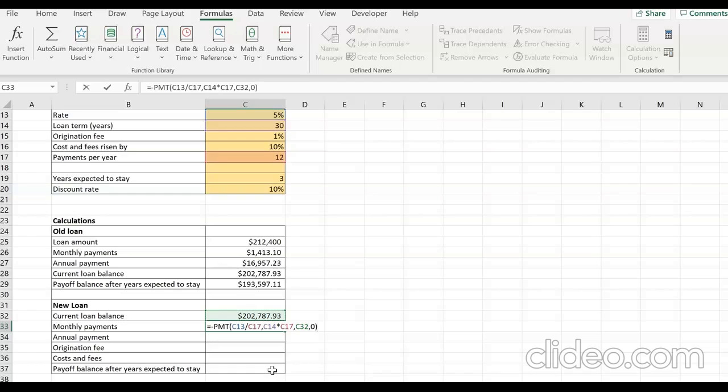And then we close the parentheses to have 1088 and 61 cents.